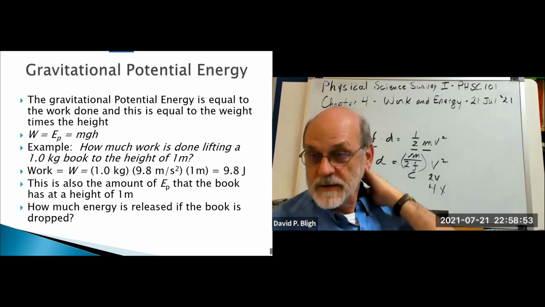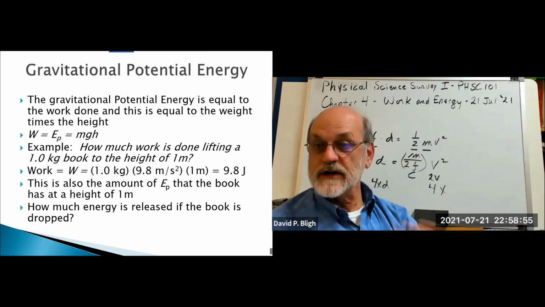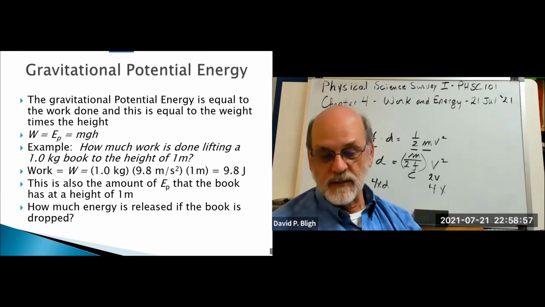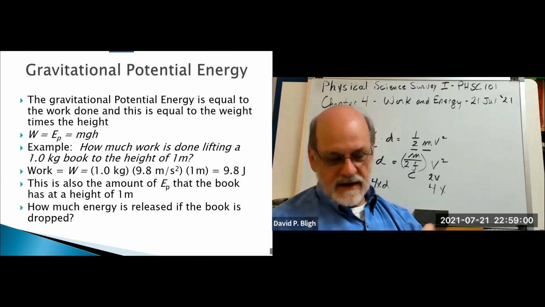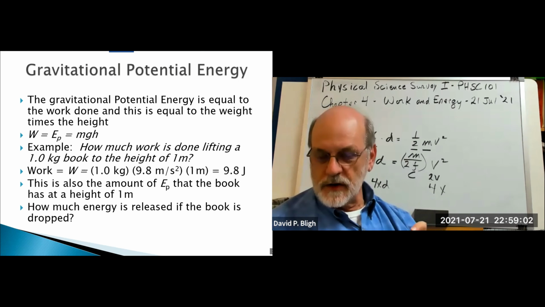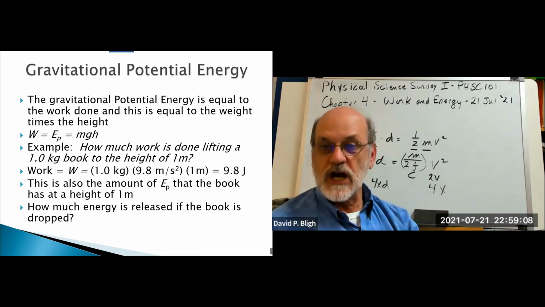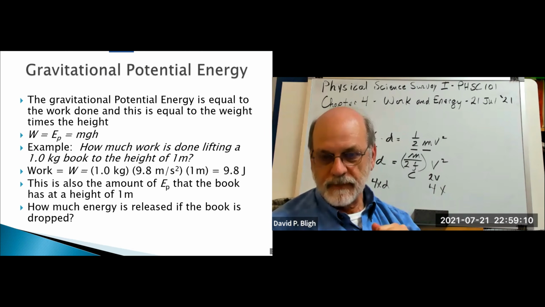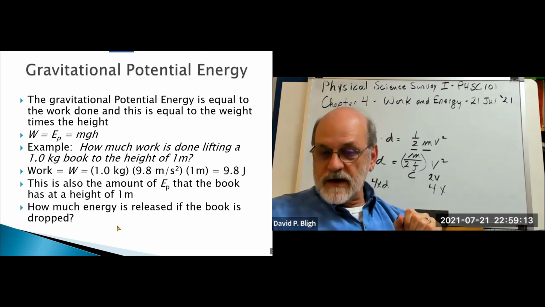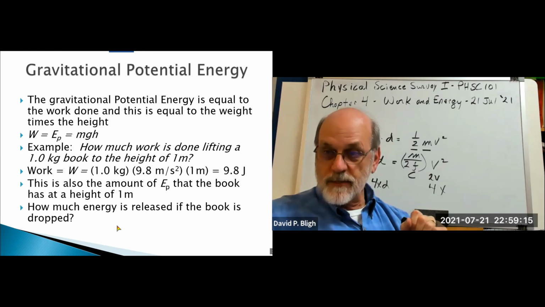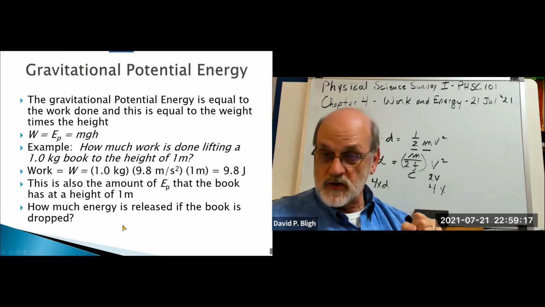Right? When it hits the ground, the kinetic energy is converted into something else because it's not moving anymore. And that's a law that we're going to express here in a few minutes called the conservation of energy. We cannot destroy energy, we cannot create energy, we can only change its form. So the amount of energy that's released if the book is dropped through that same distance is 9.8 joules.